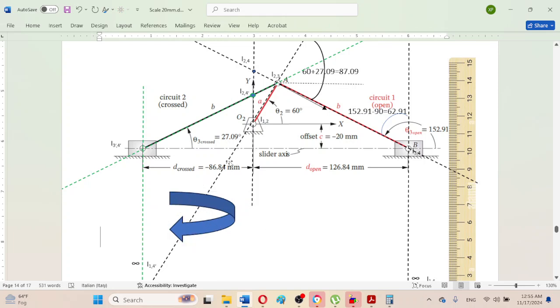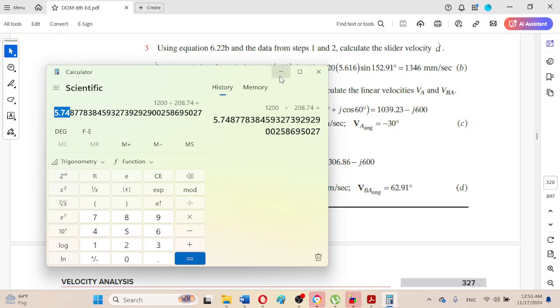So that means the angular velocity in this case is negative. So connecting rod is moving in the clockwise orientation in this case. So it has been proved.